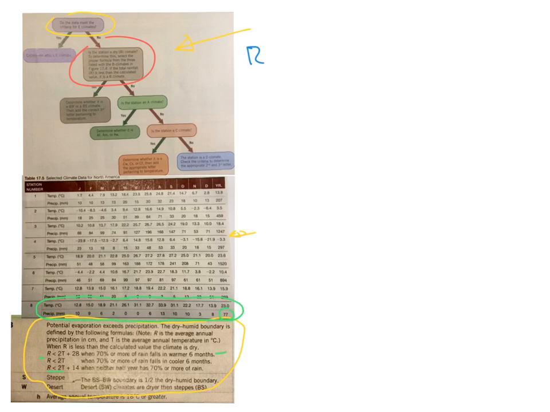R is less than 2 times T plus 14. So R equals 77 millimeters, but the formula asks for it to be in centimeters, so I'm going to convert that to centimeters.